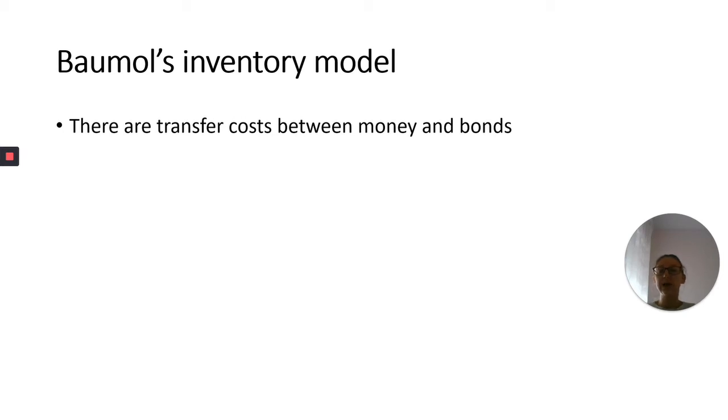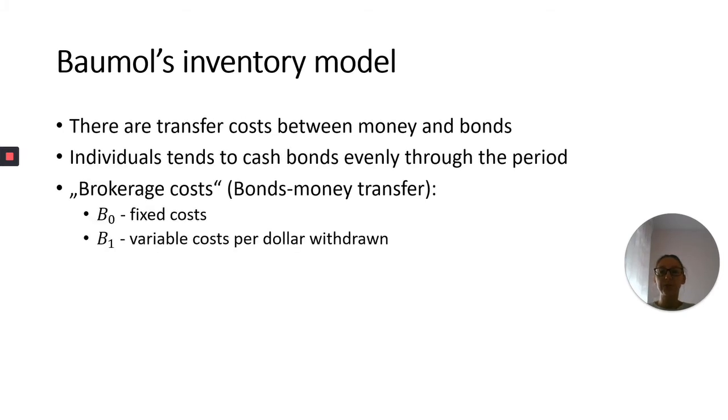So there are mainly two types of costs linked with that, which we are going to call brokerage costs: fixed costs, B0, and variable costs, B1. Variable cost would depend on the amount withdrawn, and fixed cost is linked with the number of withdrawals we do.